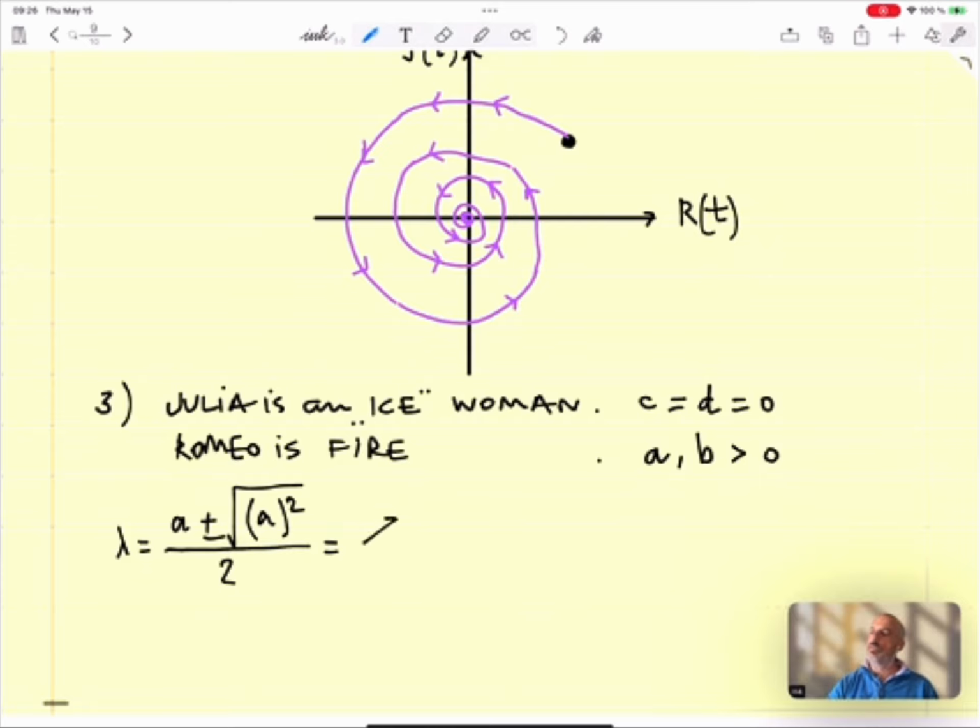So the first eigenvalue is going to be a. Second eigenvalue is going to be 0, okay?